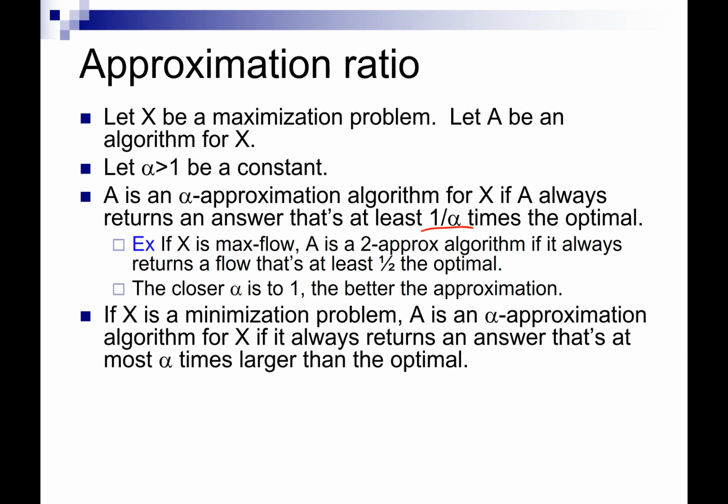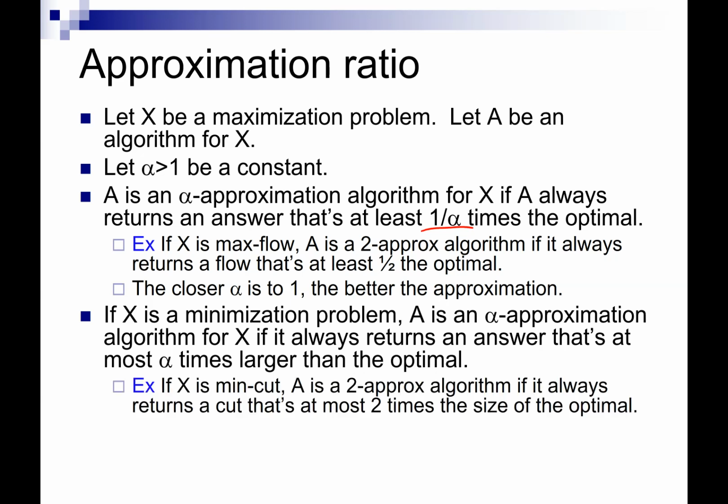And if you look at minimization problems, then we're going to say that A is an alpha approximation if it always returns an answer which is at most alpha times larger than the optimal, because here we're trying to make X as small as possible. So we want to make sure that the answer we get from A is not too much larger than this small answer that we want.